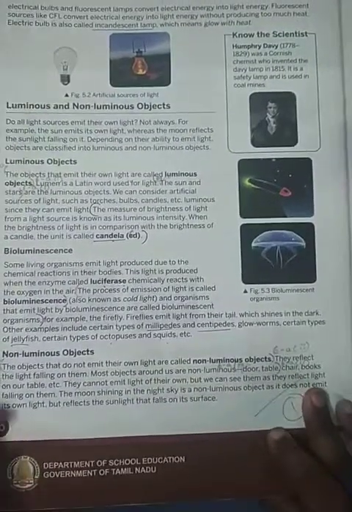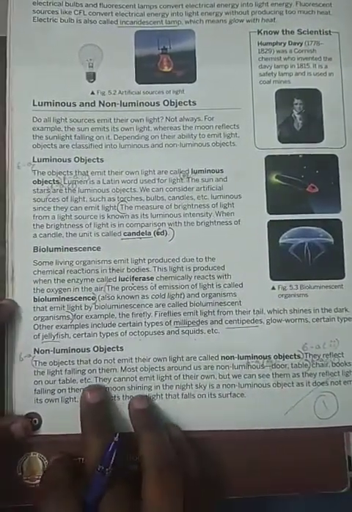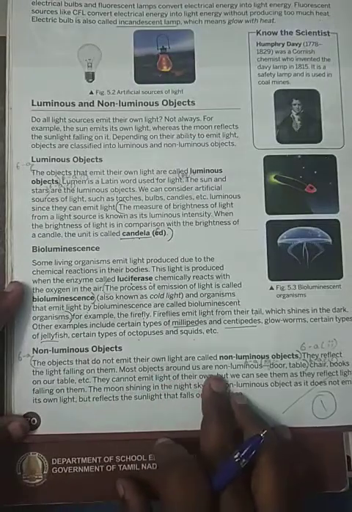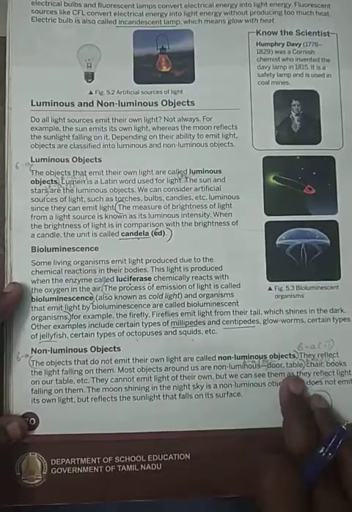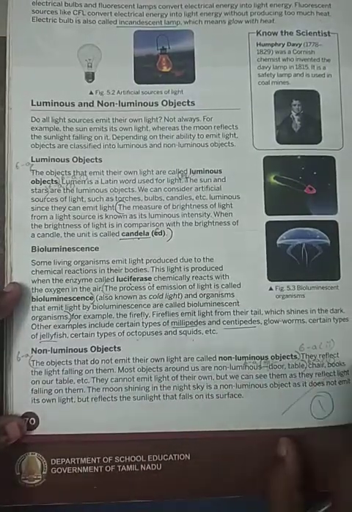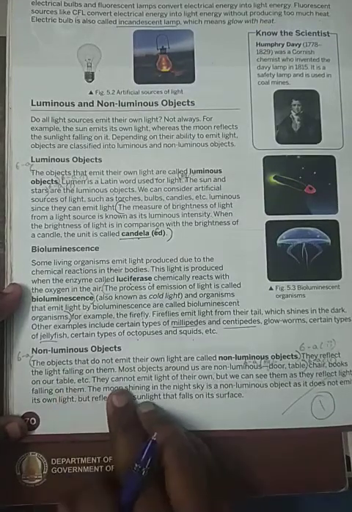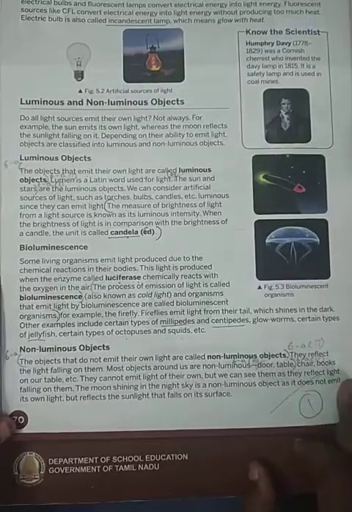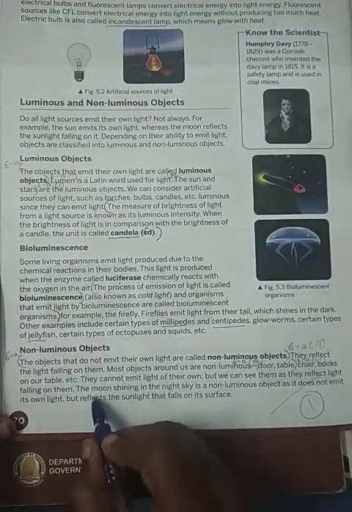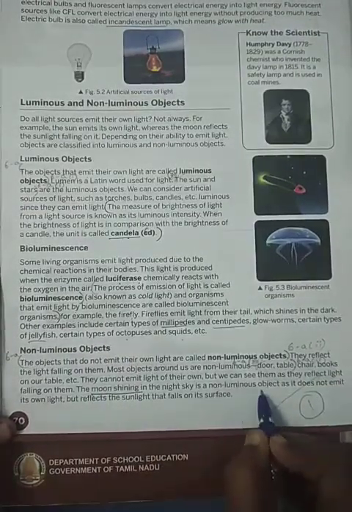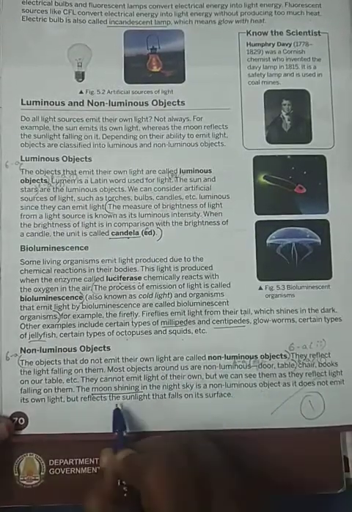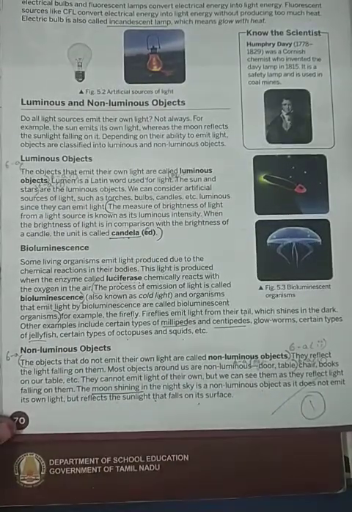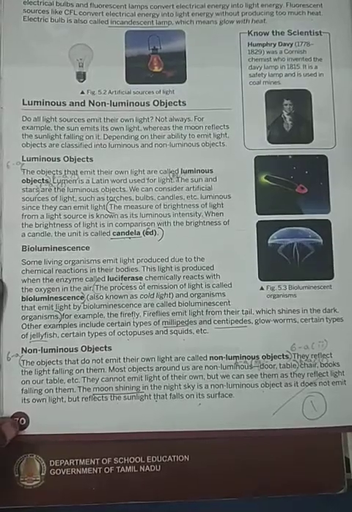Most objects around us are non-luminous, like our door, table, chair, books, etc. They cannot emit light on their own but can reflect light falling on them. Then the moon shining in the night is also a non-luminous object because it reflects only the sunlight that falls on its surface.